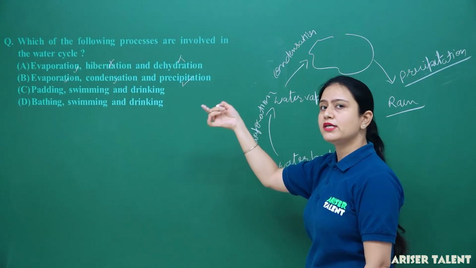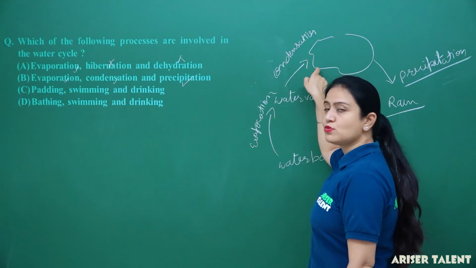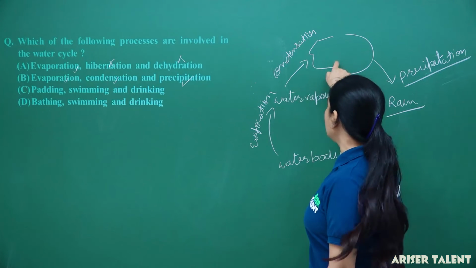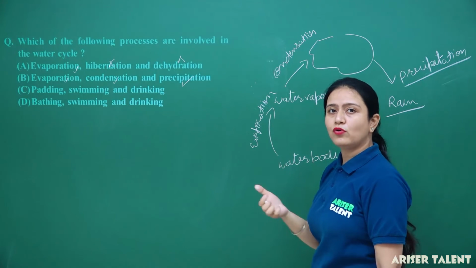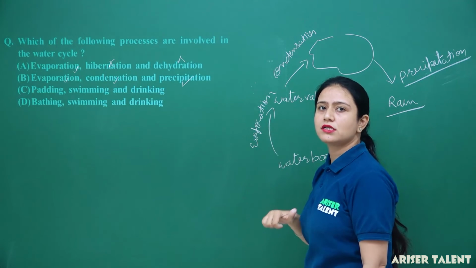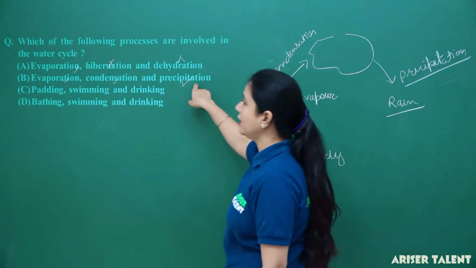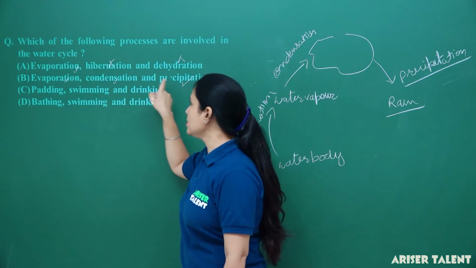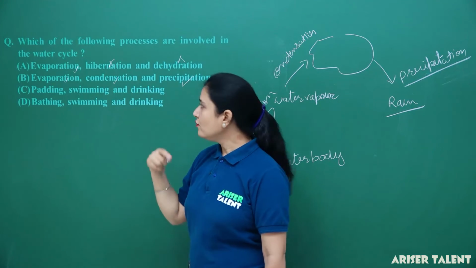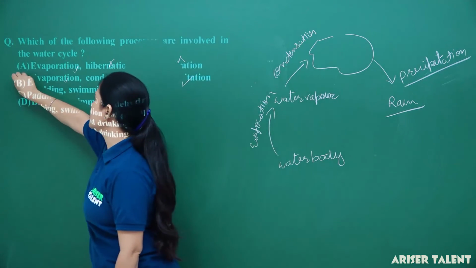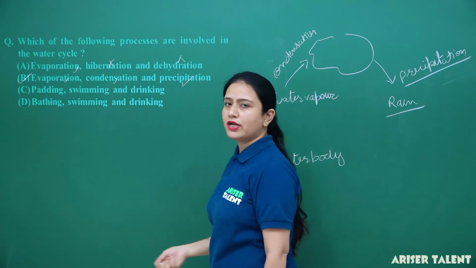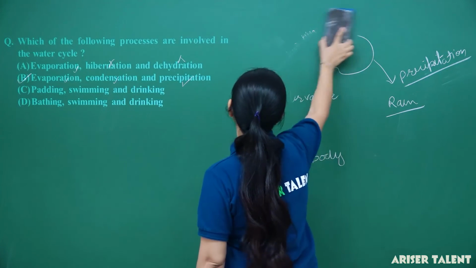This process is known as condensation, and by this process clouds are formed. Then when the clouds cannot hold the water anymore, the water falls down on the earth in the form of rain by the process of precipitation. So, evaporation, condensation and precipitation are the processes involved in the water cycle.